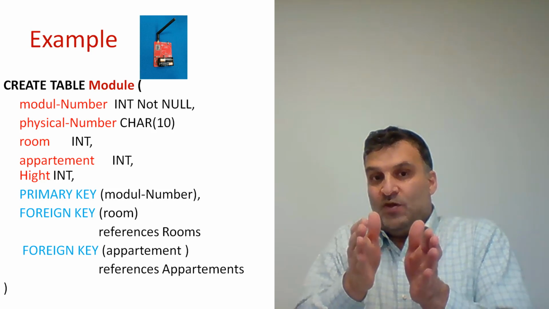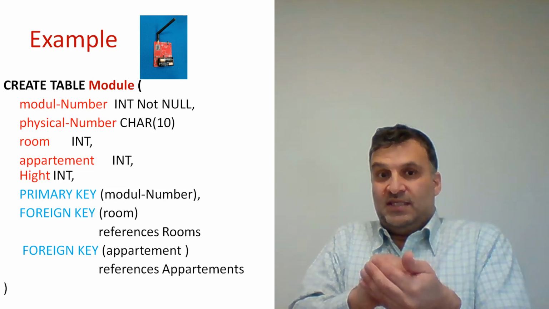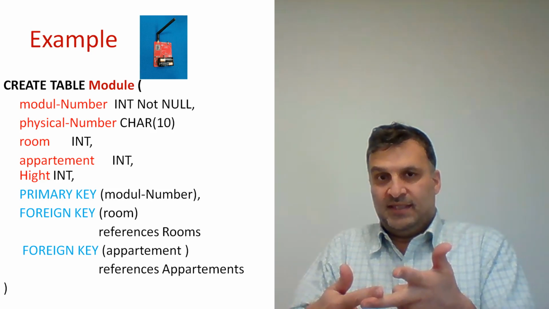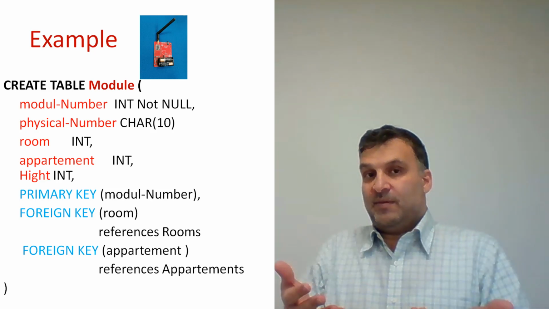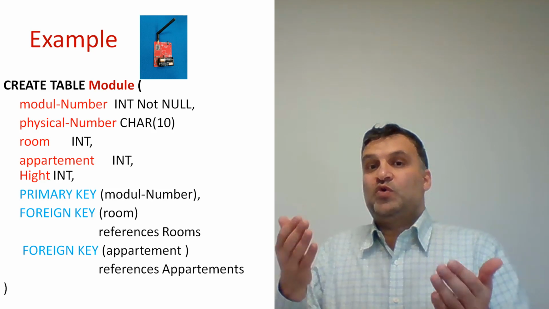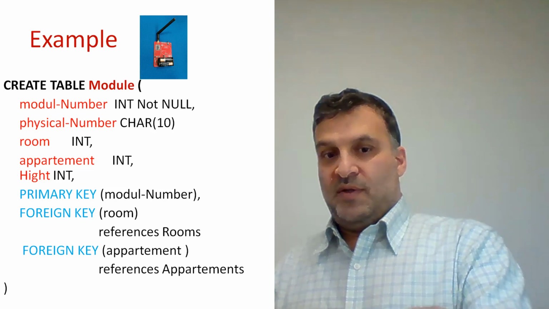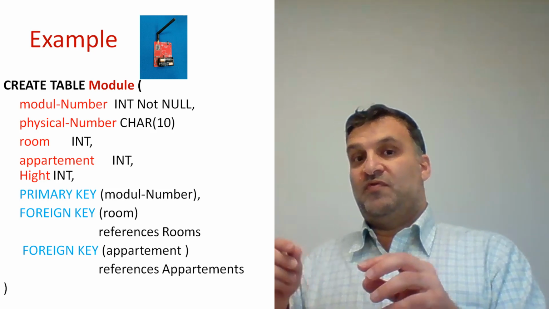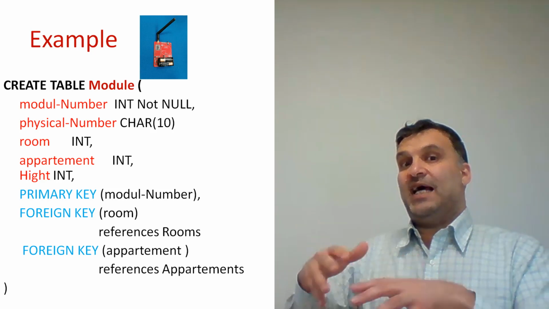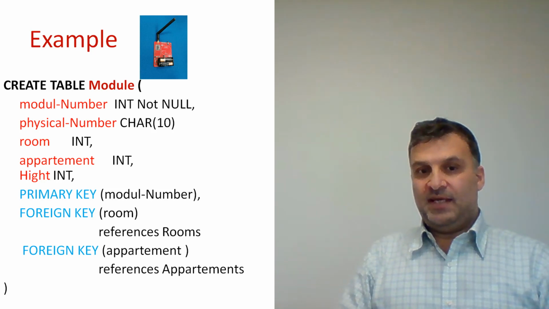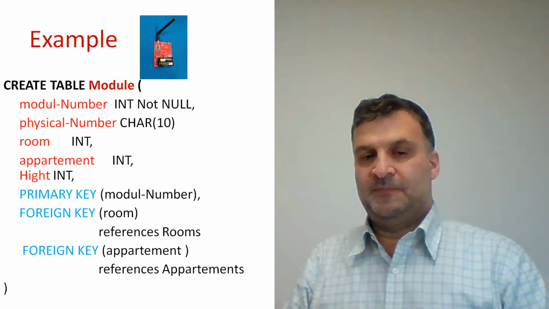So we can know if our module is fixed in room number 1 or room number 2 or room number 3. But if you want more details about these rooms, we should go to the second table. The name is rooms, and we should find the details about the type of this room and much information about these rooms. The same thing regarding apartment.